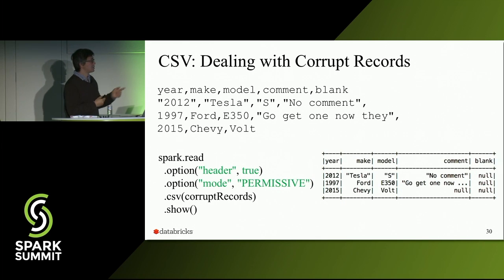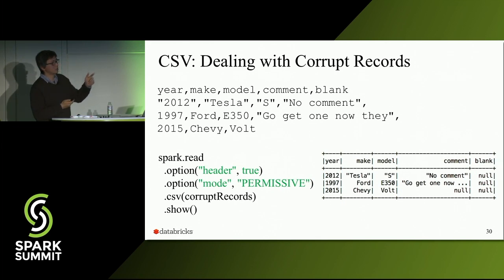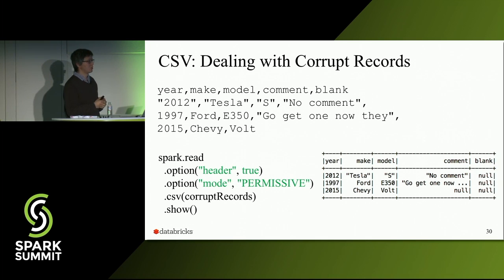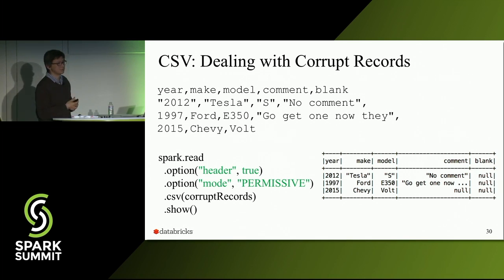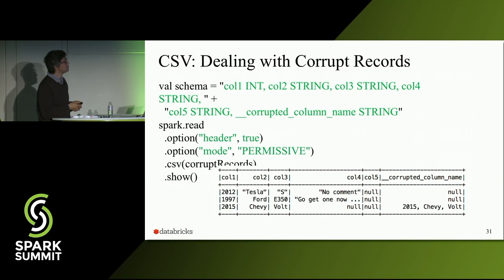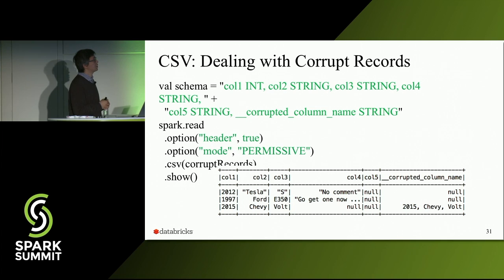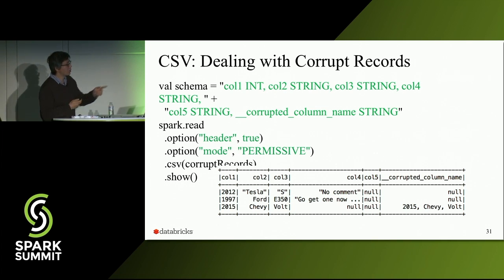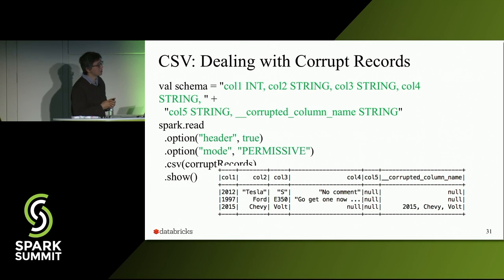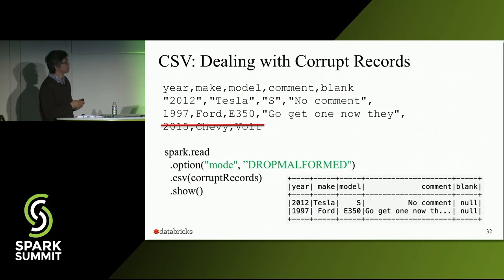Okay, you can just specify another option. Set header to true, then we will use the specified column names. And if you want to see the corrupted records, you can define your schema and pass it, and we will return it. You can see the last row, the corrupt column contains the values.